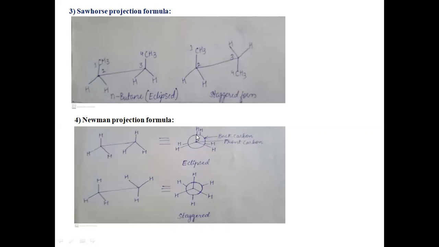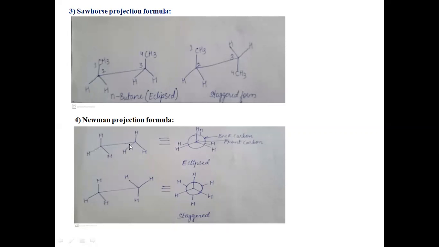So the first carbon atom is represented by a point, and it is bonded to three hydrogen atoms, which are shown by three lines. So write the three hydrogen atoms. This completes the representation of the first carbon.